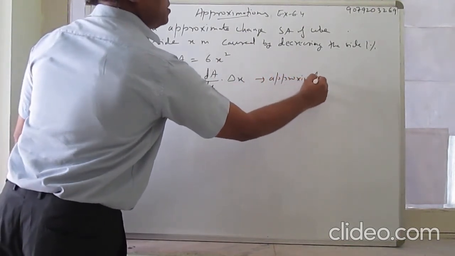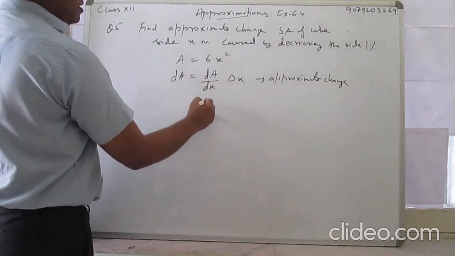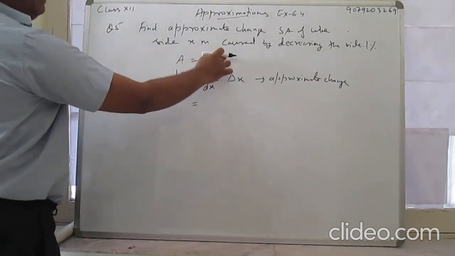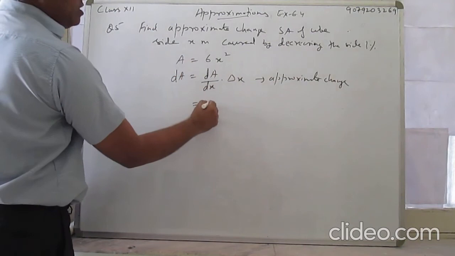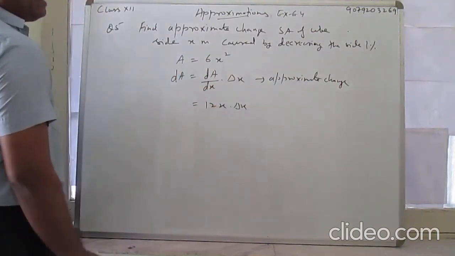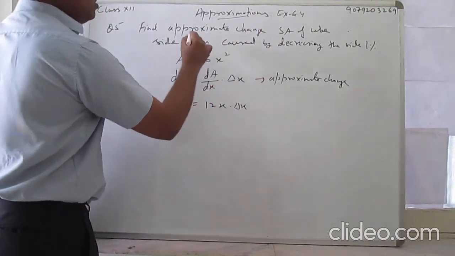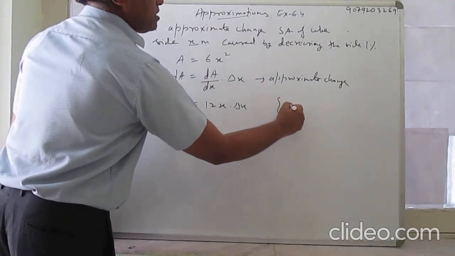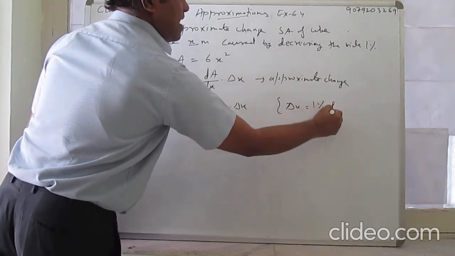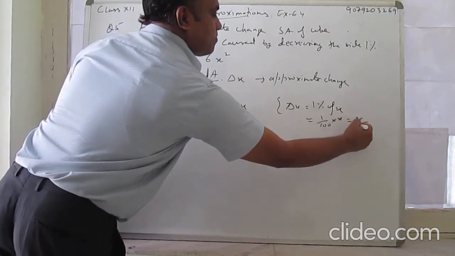Approximate change in surface area. Differentiate it with respect to x: 6 into x squared gives 12x into delta x. Delta x is what? Decrease the side by 1%. What is the side? X meter. So delta x is 1% of x, which is 1 upon 100 into x, x upon 100.